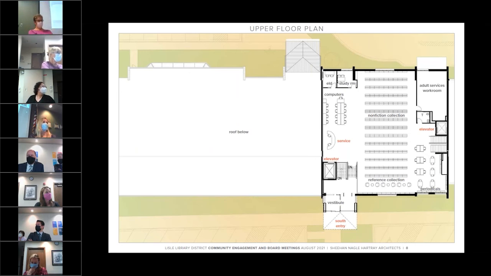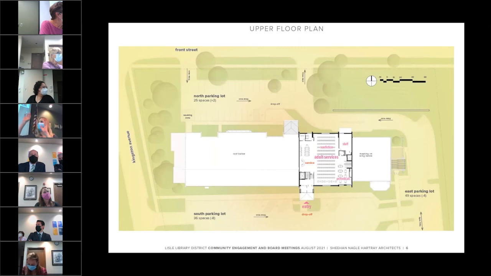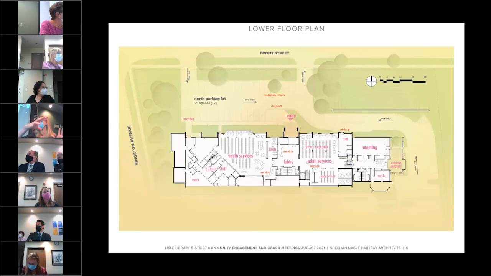When we have larger programs like Harry Potter, those are generally library-wide, so it's not just youth services, it's youth and adult, and we probably have them all on the first floor. Also, if it's a larger youth program, generally people will park and then come straight to the meeting room.